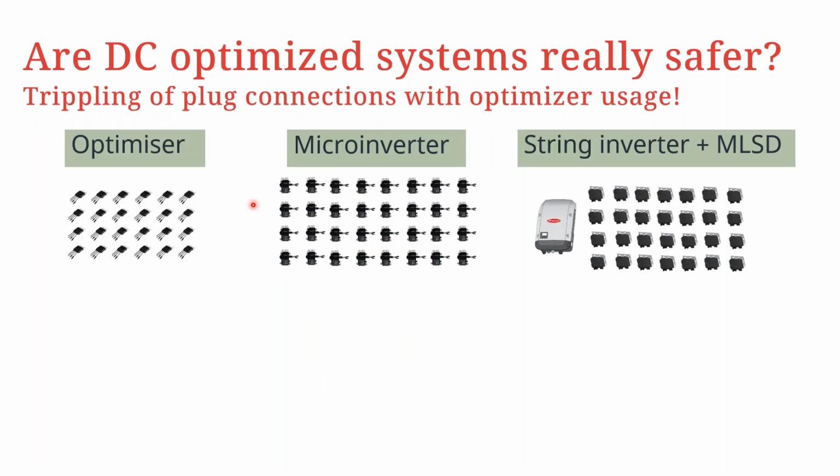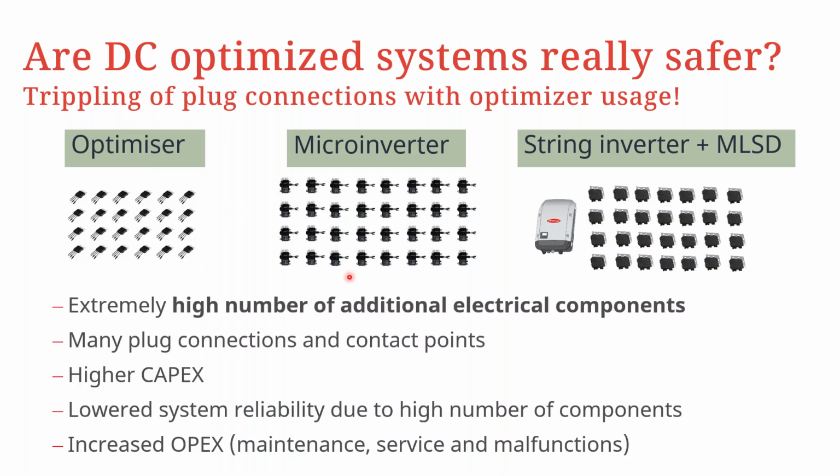If you consider a system with optimizers or even micro inverters, or a combination of a string inverter with other kinds of MLPEs, you will end up with an extremely high number of additional electronic or electrical components. As already shown with the bathtub curve, at one point or the other, some of these must fail.